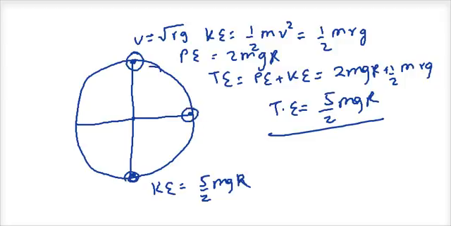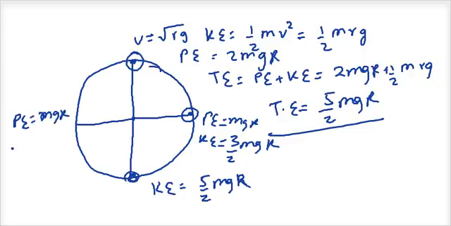At this point, what should the potential energy be equal to? mgr. So the potential energy is mgr. What is the kinetic energy equal to? Understand the total energy is 5 by 2 mgr. Out of that 1 mgr is here. So how much will this be? 3 by 2 mgr. Here also the potential energy will become equal to mgr and the kinetic energy will be equal to 3 by 2 mgr. Are we able to understand?